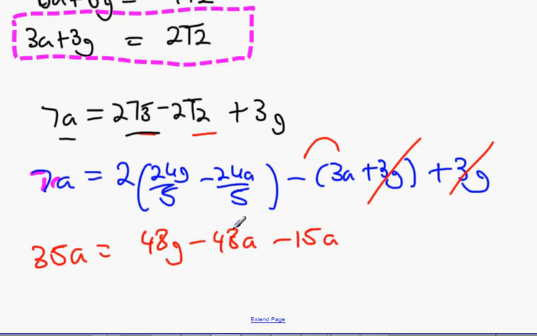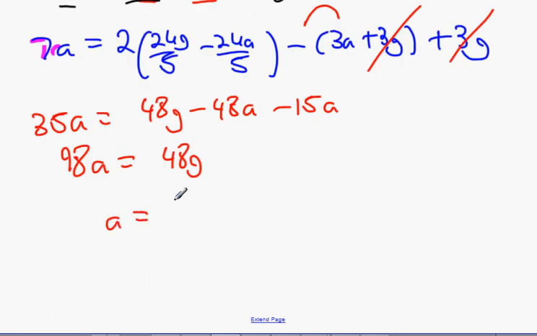Now that is going to be, minus 6, that's going to be 63G, isn't it? 63G plus 63A plus 35A is 98A. 98A equals 48G. What does A equal?